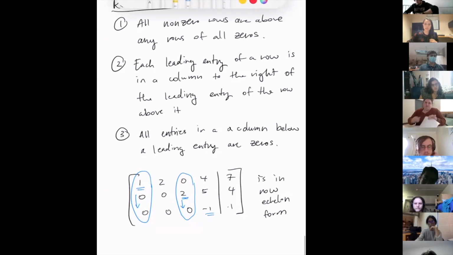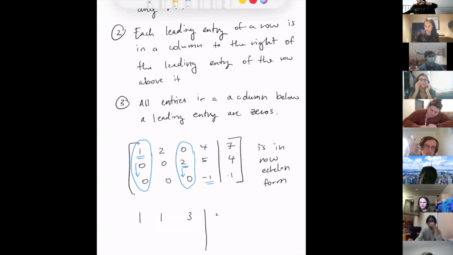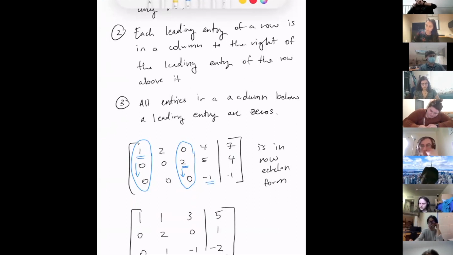Now let's look at an example that is not in row echelon form. So we could have, let's say, 1 1 3 5 6 3 0 1. Okay, so this is not in row echelon form.